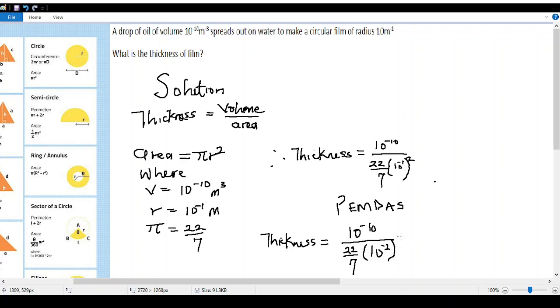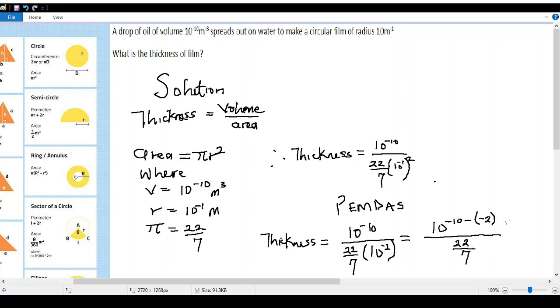So we're going to have 10 raised to power minus 10. The index notations are dividing, of which they have the same base. We're now going to say the powers are subtracting. So we have here minus, all in the bracket, minus 2, bracket close, all over 22 over 7.